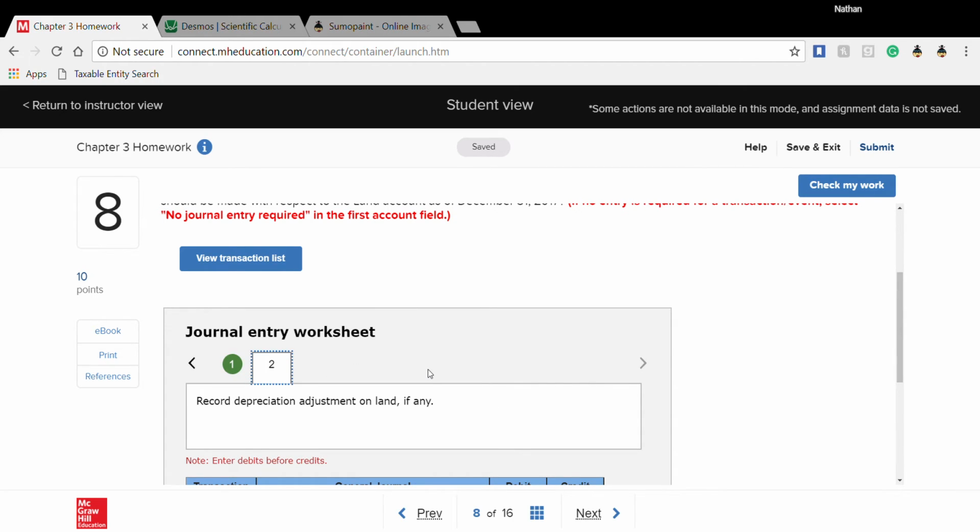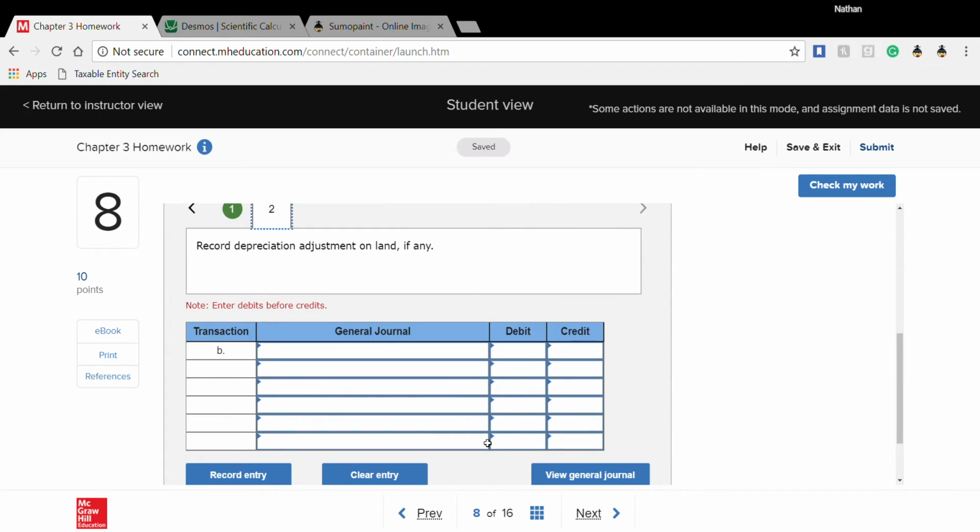I will tell you this. Sometimes Connect will show you these hints like crazy. Right here, it does say record depreciation adjustment on land if any. Notice with the first one, it doesn't even put if any. Here it's trying to tell you, hey, I may need to check this out. Again, land lasts forever, so you do not depreciate it.